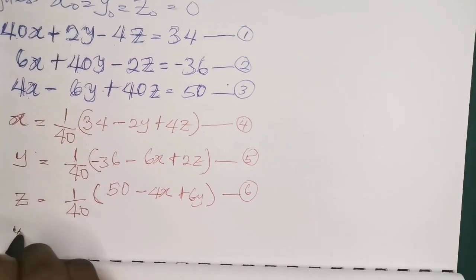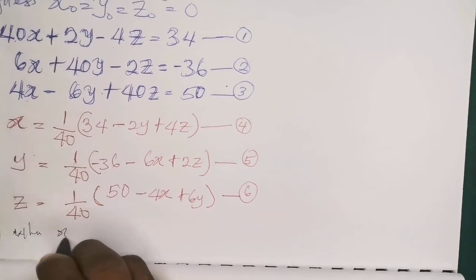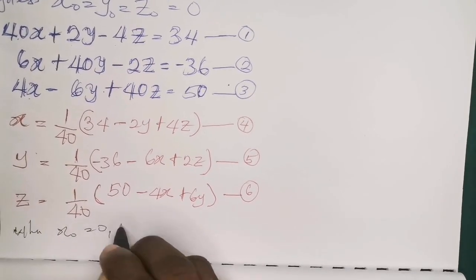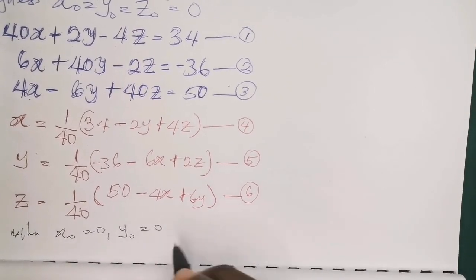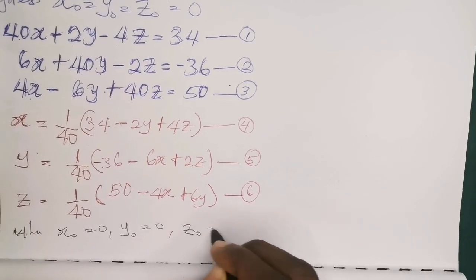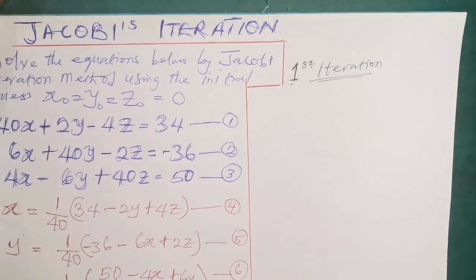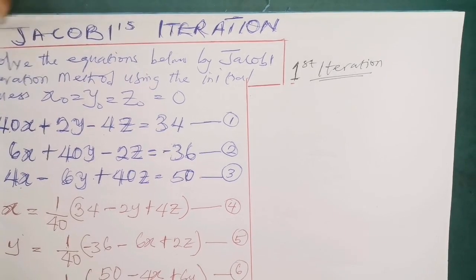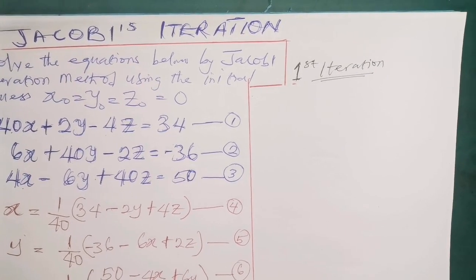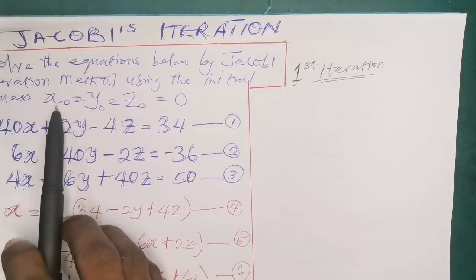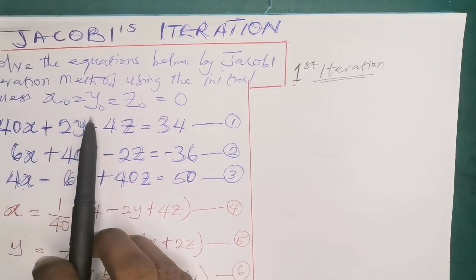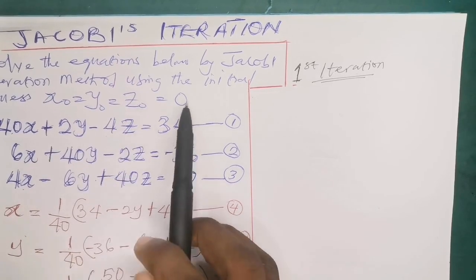Okay, so when x naught equals 0, y naught equals 0, and z naught equals 0, you can now do your first iteration. So you apply the initial guess and carry out your first iteration. For the first iteration, don't forget we said x naught equals 0, y naught equals 0, and z naught equals 0.